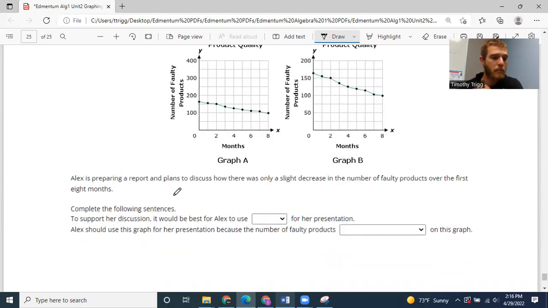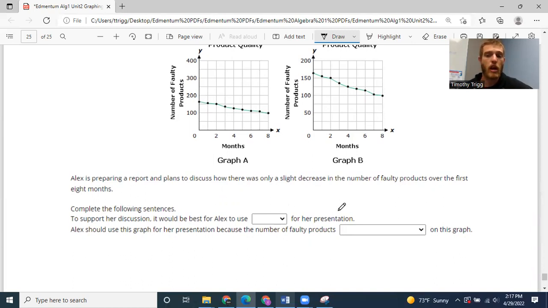Alex is preparing a report and plans to discuss how there was only a slight decrease in the number of faulty products over the first 8 months. Complete the following sentences. To support her discussion, it would be best for Alex to use blank for her presentation.